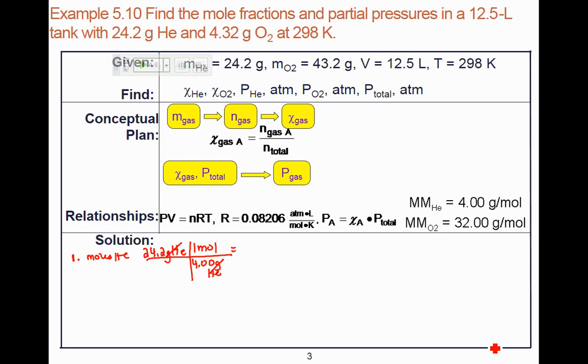So now we know our moles of He. Then we can find our moles of O2. And again, we're told our mass. And our molar mass is 32.